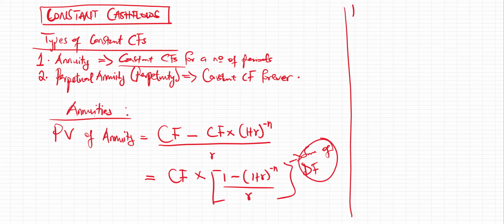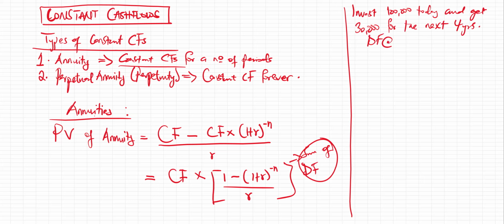So let's say I say invest 100,000 today and get 30,000 for every year for the next 4 years, assuming a discount factor or cost of capital of 10%.